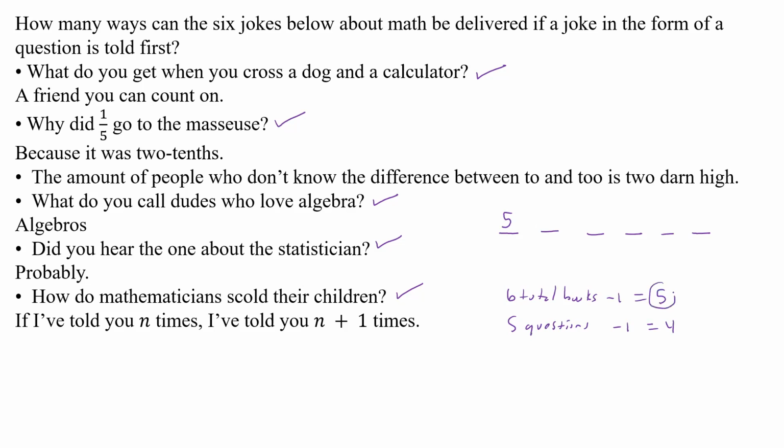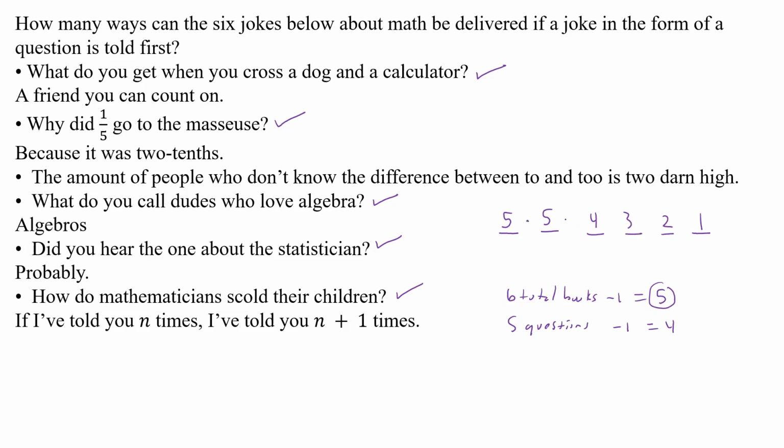So now there are 5 total. If they said the next one had to be a question too, then we'd put a 4 here, but they didn't say that. They said it doesn't matter what order. So now we have 5 times 4 times 3 times 2 times 1, because after we've chosen each one, there's 1 less.